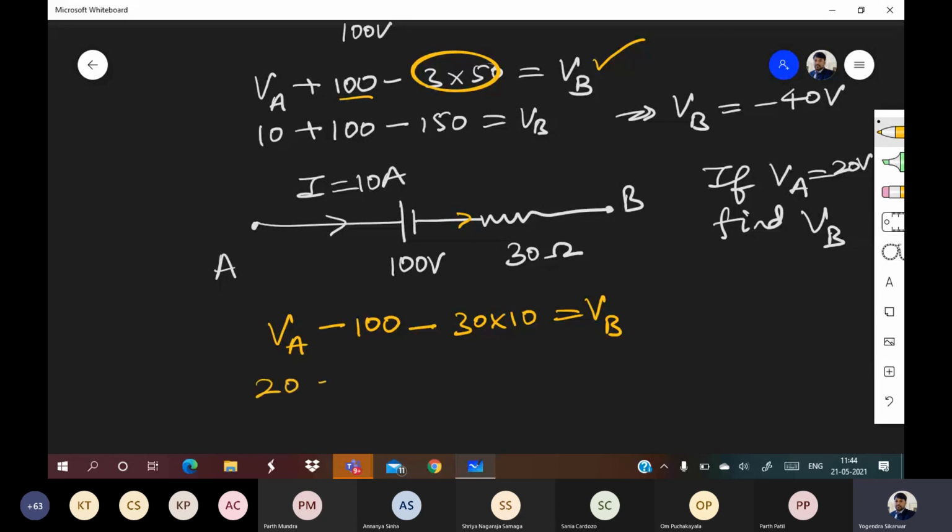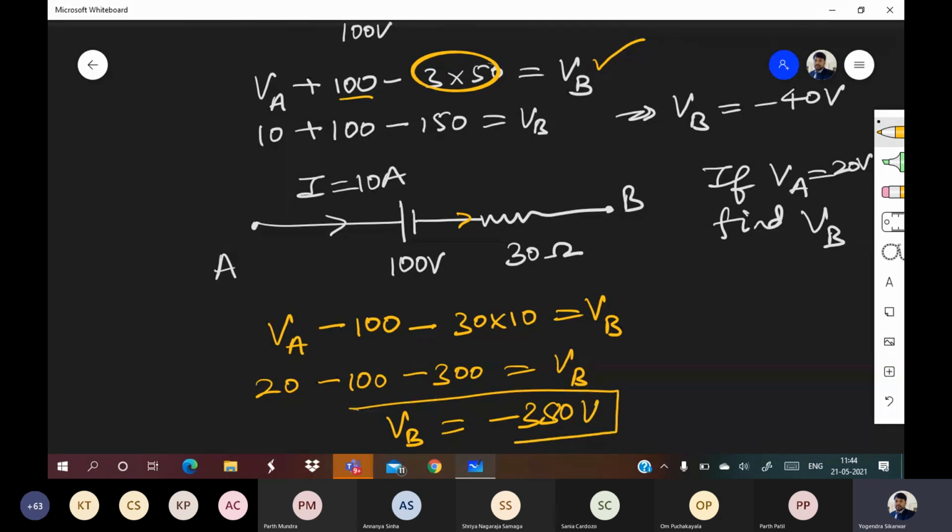It is given as 20, minus 100, minus 300 is equal to VB. So VB comes out to be minus 380 volt. This is the answer.